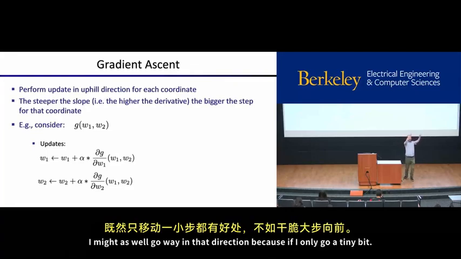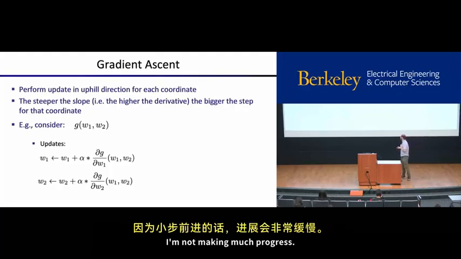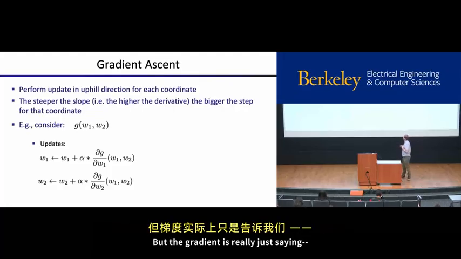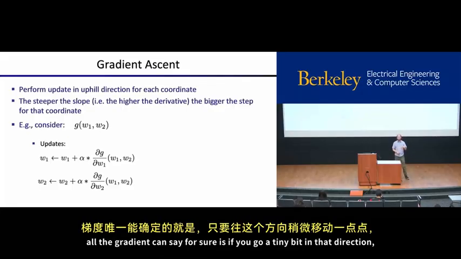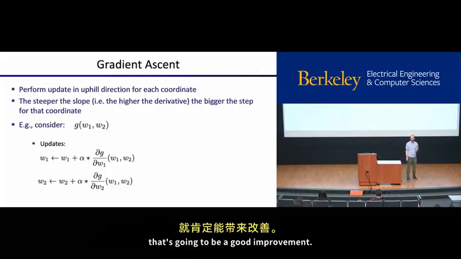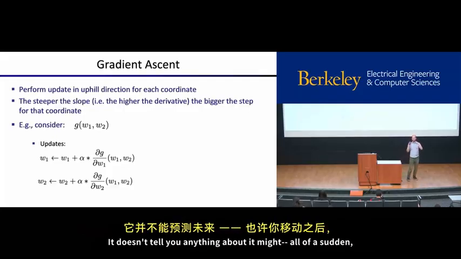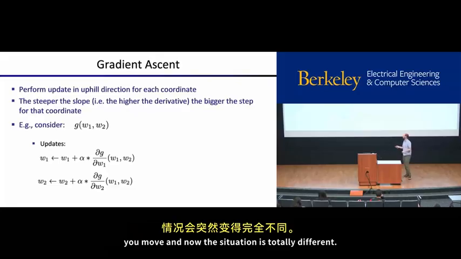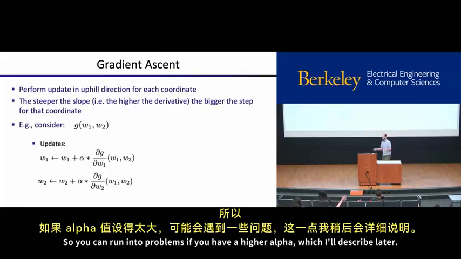I might as well go way in that direction, because if I only go a tiny bit, I'm not making much progress. But all the gradient can say for sure is if you go a tiny bit in that direction, that's going to be a good improvement. It doesn't tell you anything about, it might be that all of a sudden you move and now the situation's totally different. So you can run into problems if you have a higher alpha, which I'll describe later.